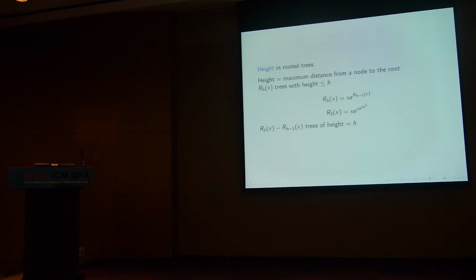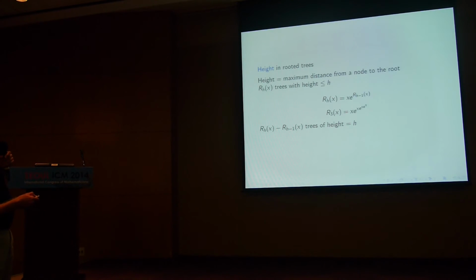It's the maximum possible height of a node. But still, suppose R_h is the generating function encoding trees with height at most h. Then we have this recursion equation. This equation says a tree with height at most h consists of a root and a collection of subtrees of height at most h minus 1, because the subtrees have height 1 less than the original tree.